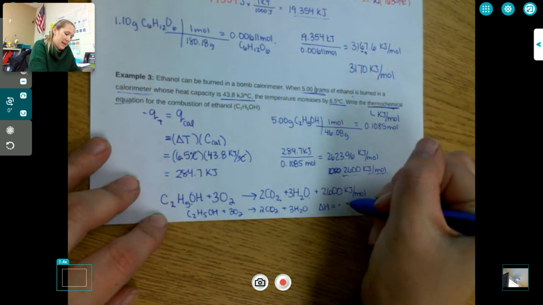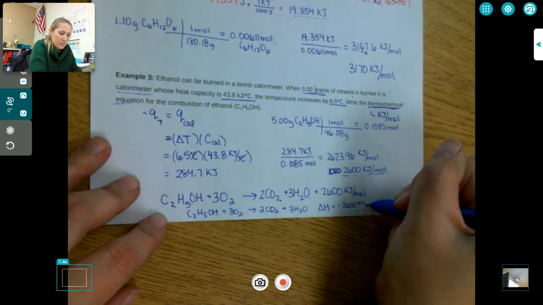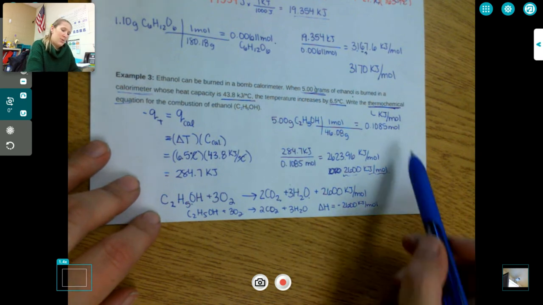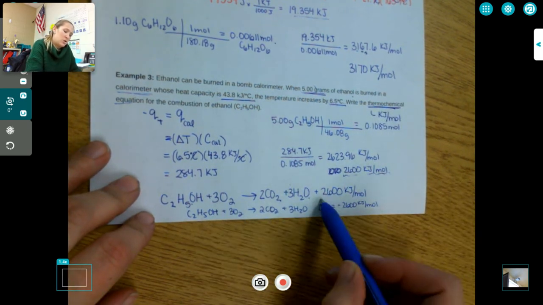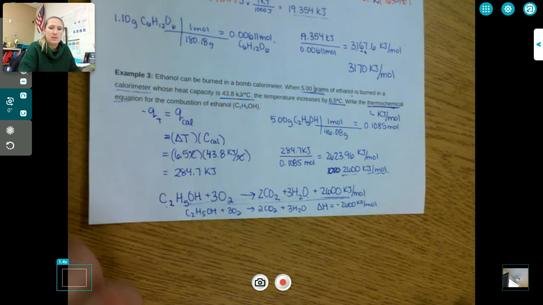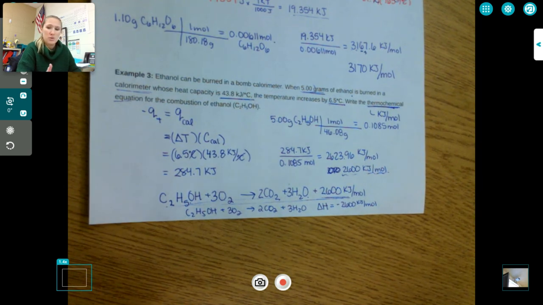You'd see that as negative 2,600 kilojoules per mole, because that's heat given off. So you might see it like this. I'm going to ask for a thermochemical equation. We want to show heat energy in our reaction like that. So those are 3 different types of questions that we can see in terms of calorimetry and looking at the heat exchange from a chemical reaction.